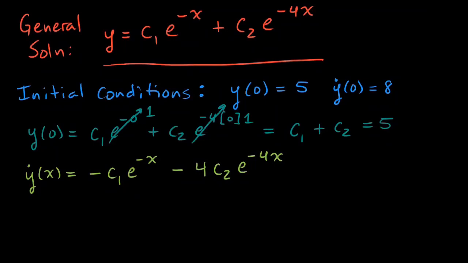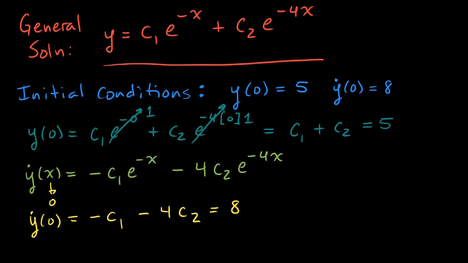Then I can plug in x equals 0, so I get y dot of 0 equals negative C1 minus 4 C2, and that's going to equal 8, right?